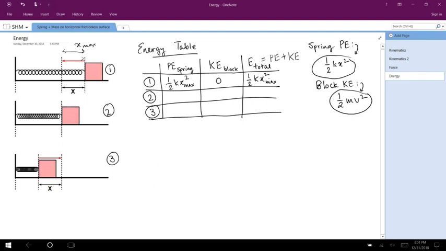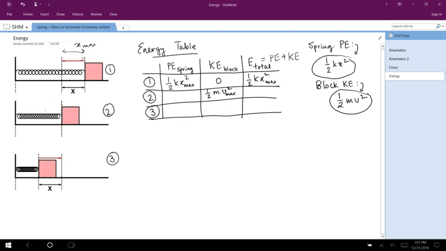Okay, scenario number 2, the block is moving, so it has kinetic energy 1/2 mv squared. And let's call this V max, because this is going to be the maximum speed with which the block moves. And then the spring doesn't have any potential energy. Well, in scenario number 2, the spring is at its natural length.